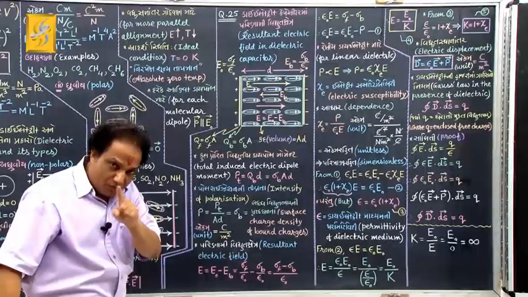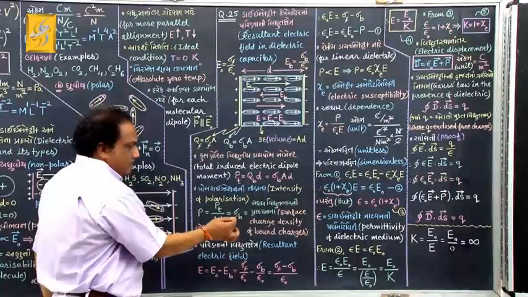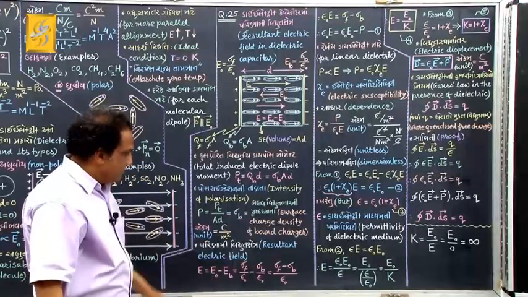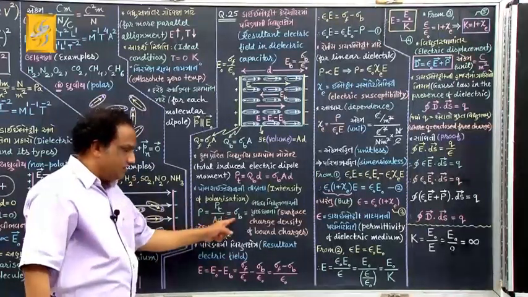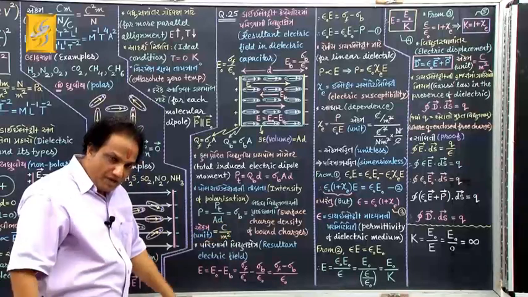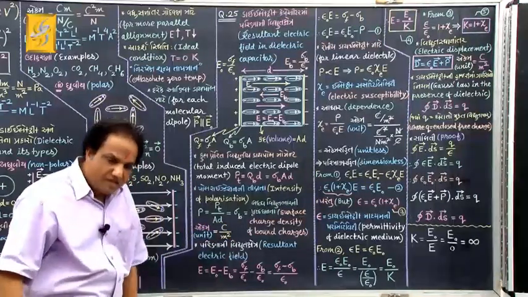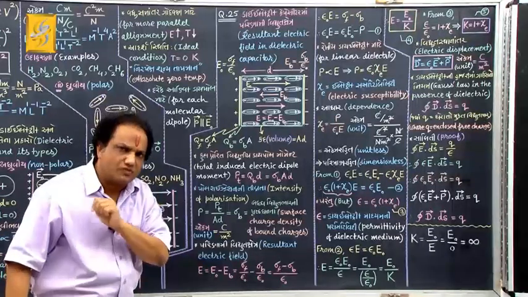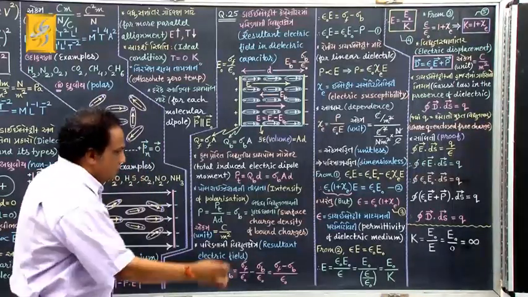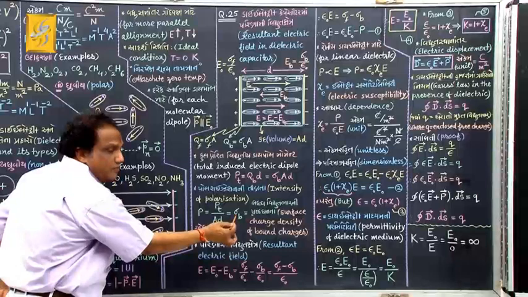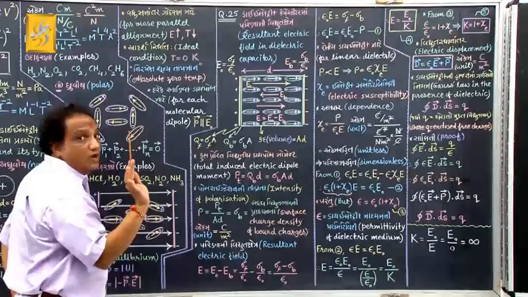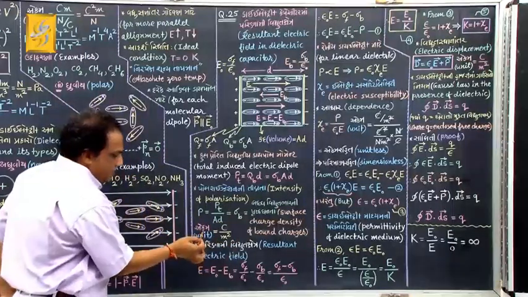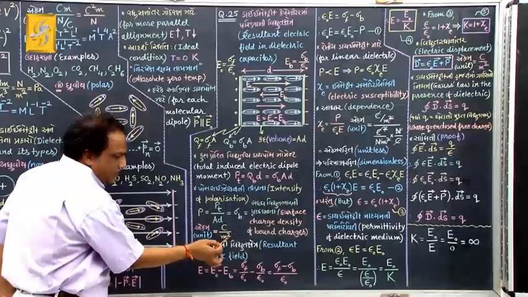And tell me, if you find the unit of P, it will be the unit of sigma B. What is sigma B? Bound surface charge density. Any surface charge density has the SI unit coulomb upon meter square. So if the SI unit of this is coulomb upon meter square, for P also it will be coulomb upon meter square.